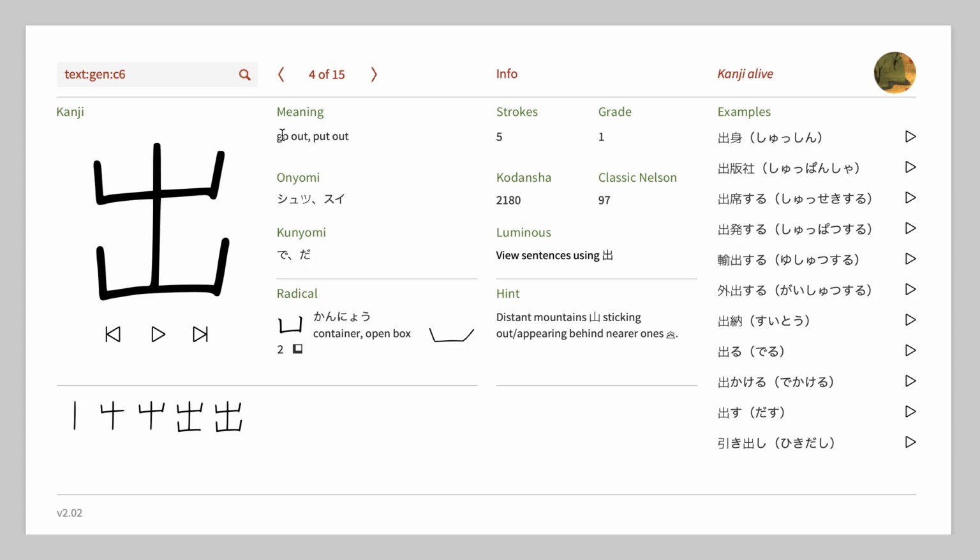The core meaning of this kanji is to go out or put out. It looks like the kanji for mountain stacked on top of each other. However, that is not how the stroke order works. So you notice it's a little uncommon in that the big vertical stroke is the first stroke for this kanji.